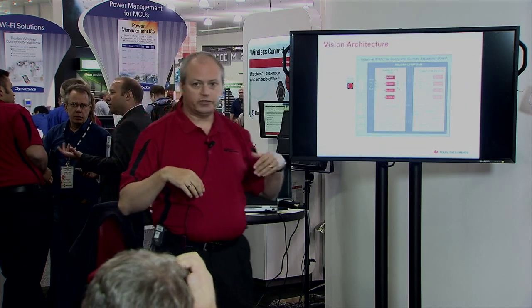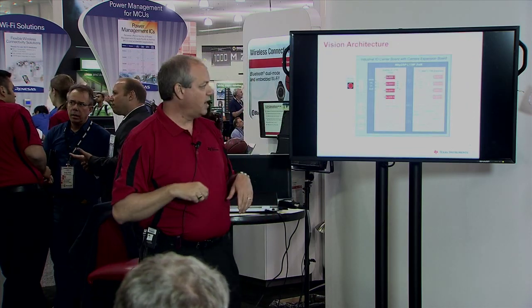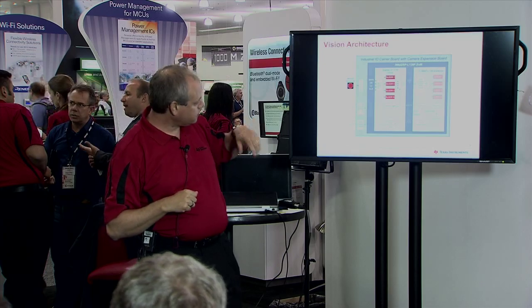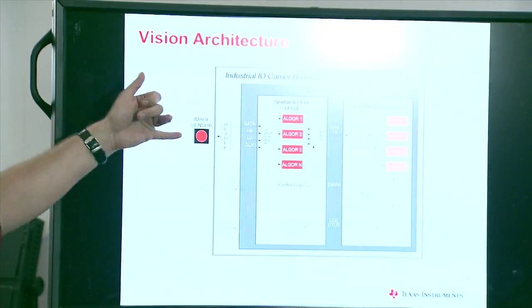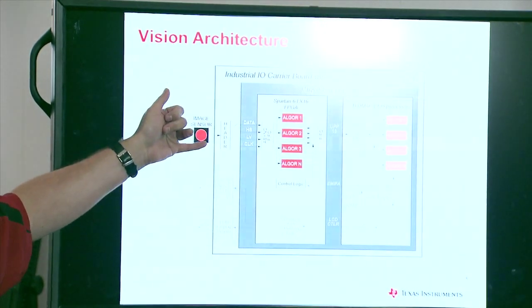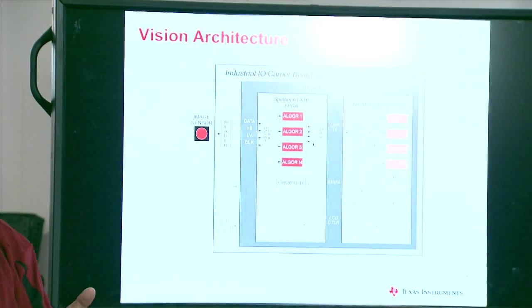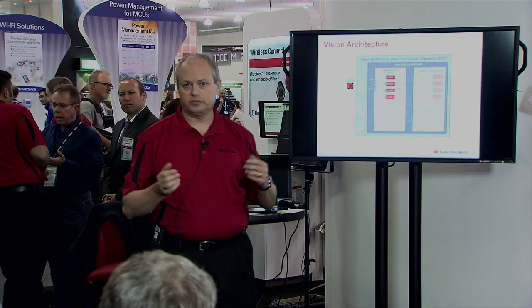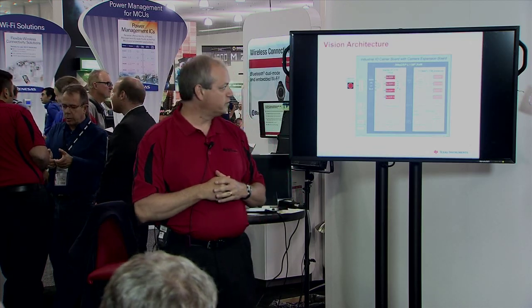So breaking down a level into that architecture, we have the image sensor, and in the kit and in this system, we bring the data into a header. We're using an Aptina sensor, an MT9V032, but you could use any one of a number of different sensors in your application.